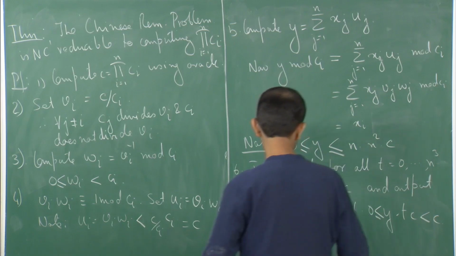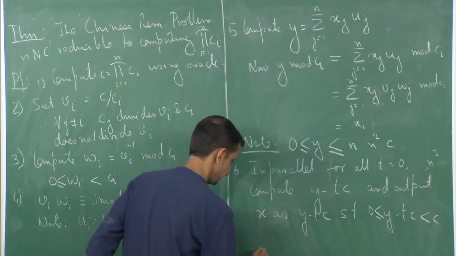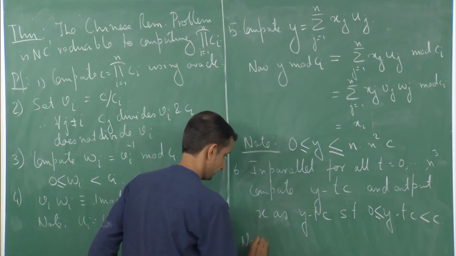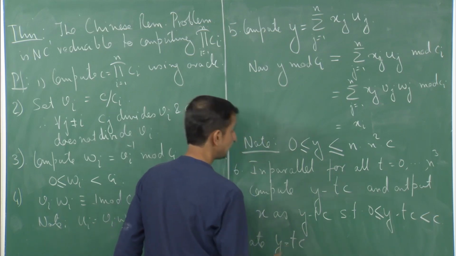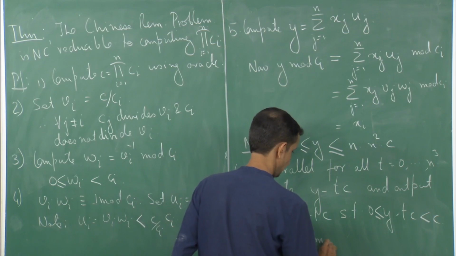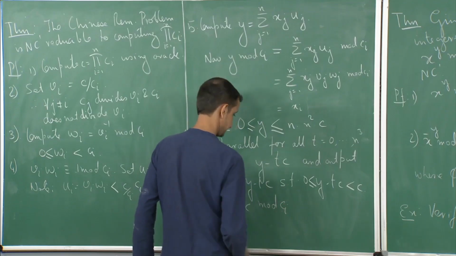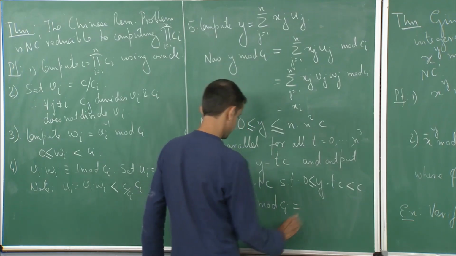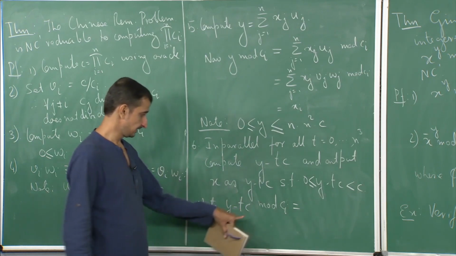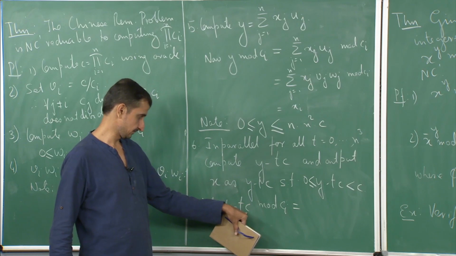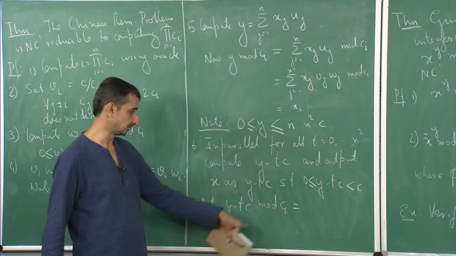So why is this? Maybe I can just write this over here. So again, note y minus tc, if I do mod Ci, what is this equal to? The product of C is basically the product of all the Ci's.